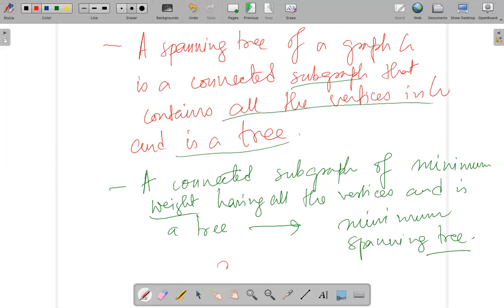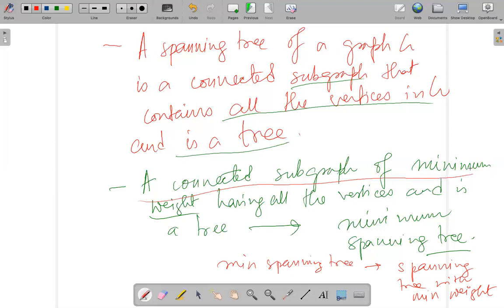So a minimum spanning tree, in other words, is a spanning tree with minimum weight. That is what you define as a minimum spanning tree. So again, it is a connected subgraph of minimum weight having all the vertices and is a tree.